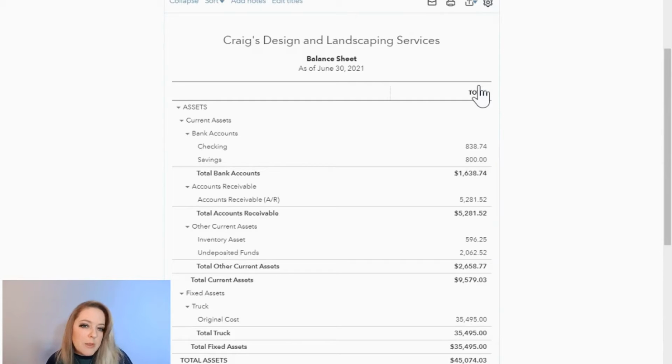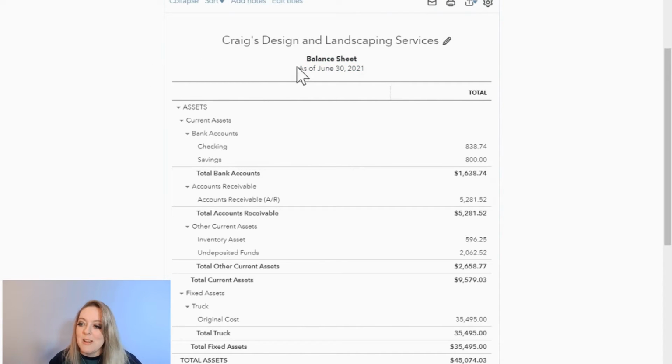I don't know why they do this. It just is what they do. They always tell you what company you're looking at, as if you don't know what company you work for or own. Anyway, they do it. We're also looking at the balance sheet, so good to know. We're looking at the right report.